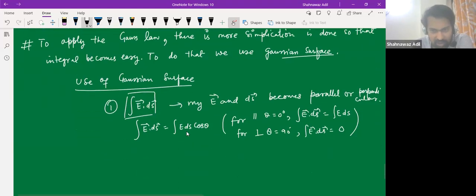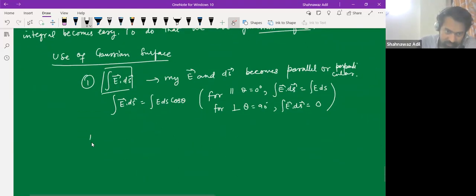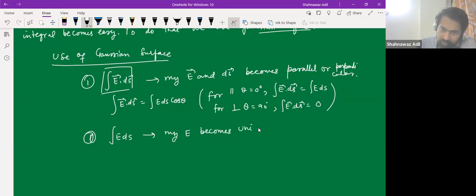And also, I choose my Gaussian surface such that my electric field becomes uniform, so that I can take the electric field outside of the integral.